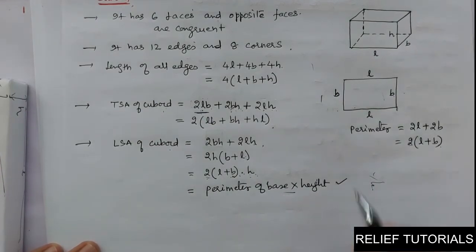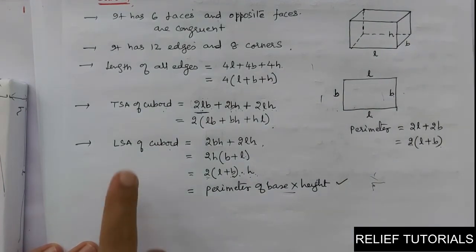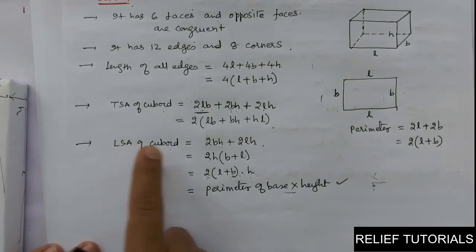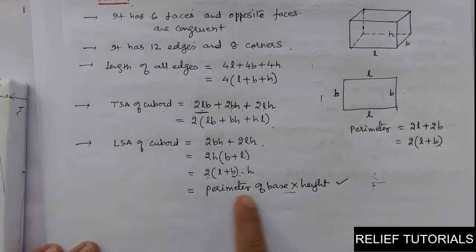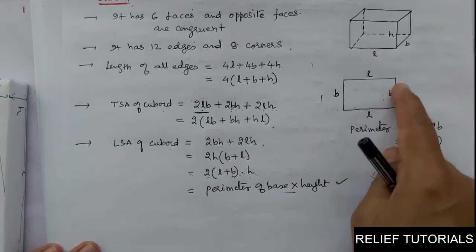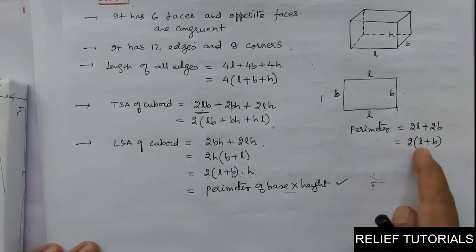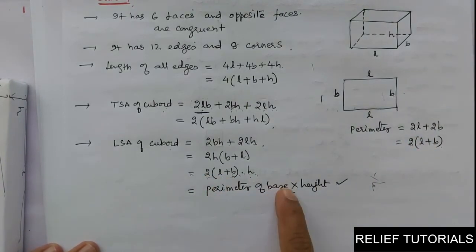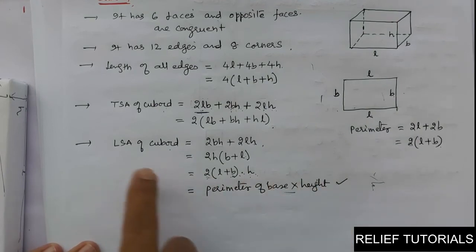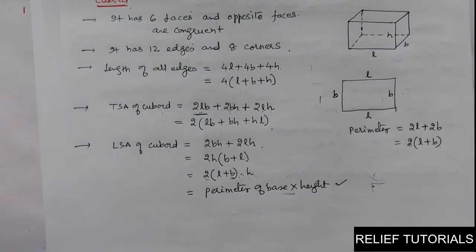So it will be very easy for you to remember the formula. What is the lateral surface area of a cuboid? It is perimeter of base into height. This is the base, so perimeter you know is 2 length plus 2 breadth, 2 common L plus B. So 2 into L plus B is the perimeter of base and H is the height. That is called the lateral surface area of a cuboid. Clear?